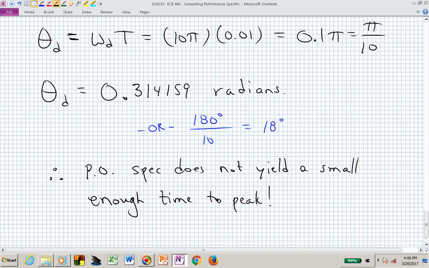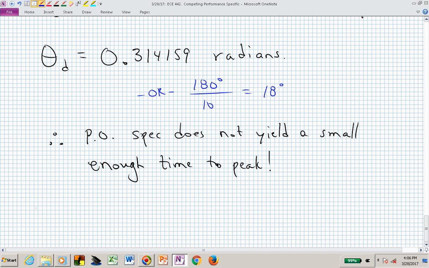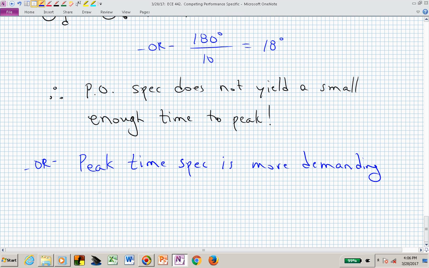Or stated another way, we could say that the peak time spec is more demanding than the percent overshoot spec.